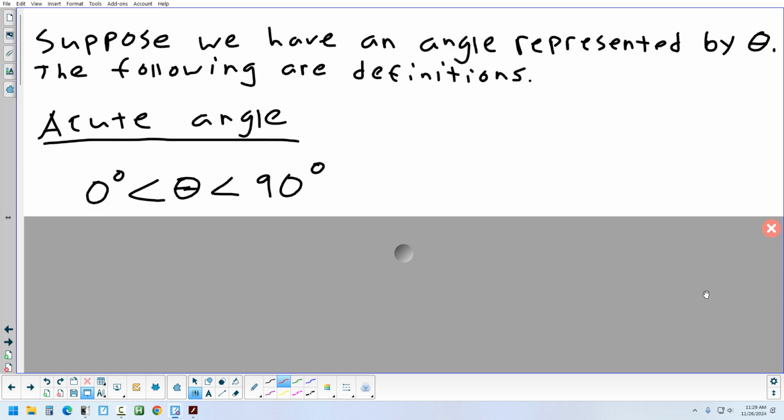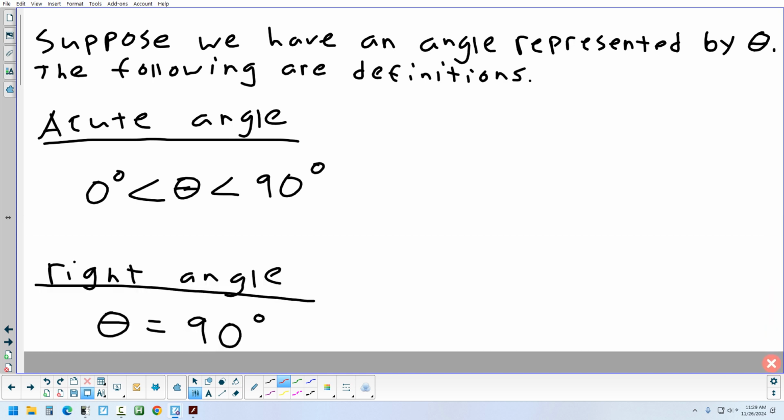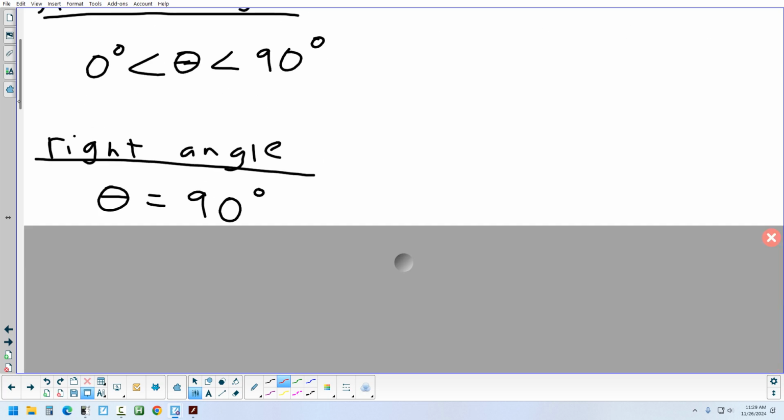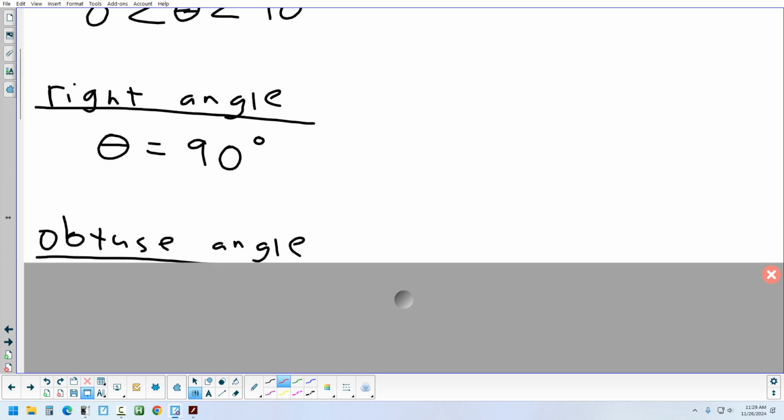The next type of angle is exactly 90. What's the name if it's exactly 90? Right, that's a right angle. That's when your angle is exactly 90 degrees. How about this one? An angle that is obtuse. It also has to meet 2 criteria, kind of like acute.